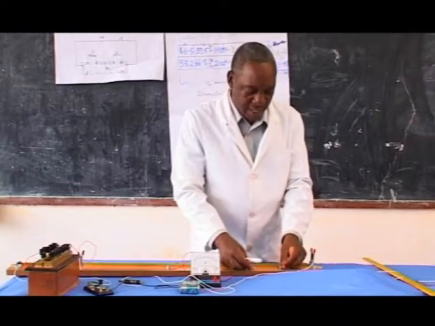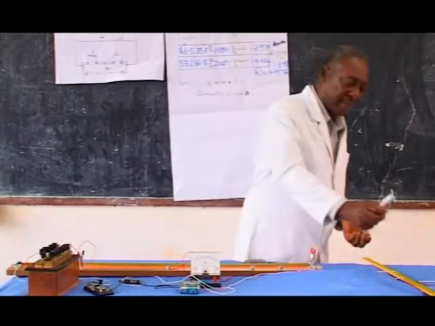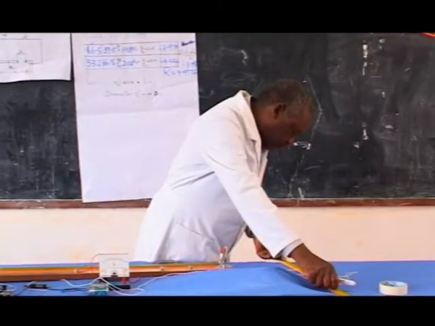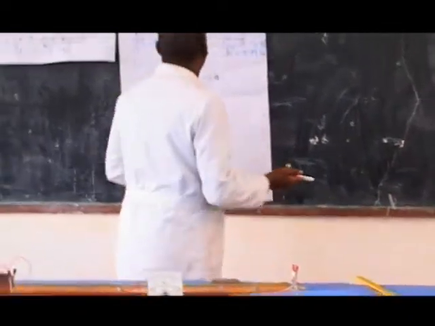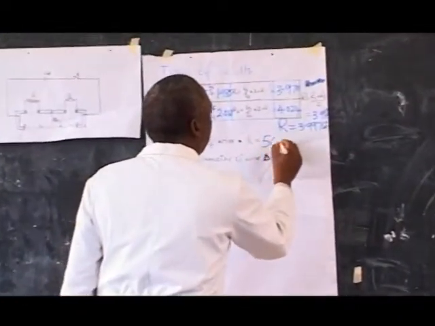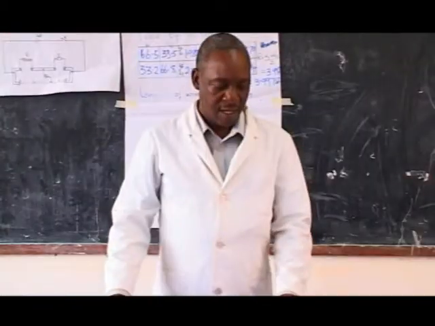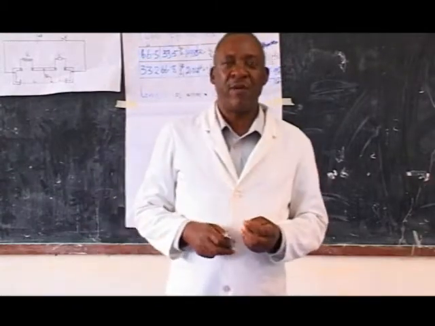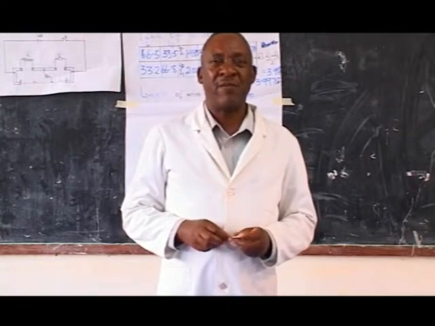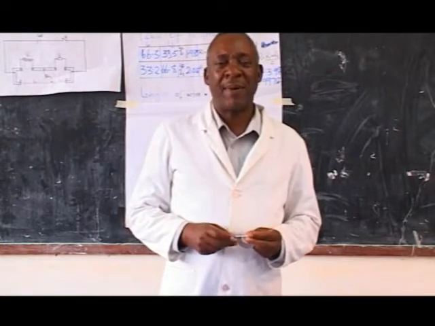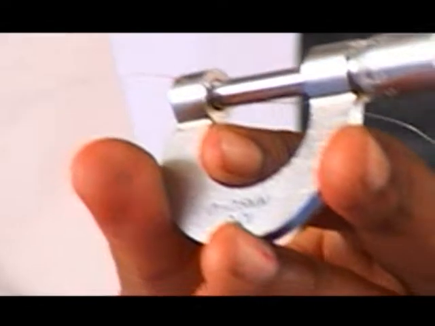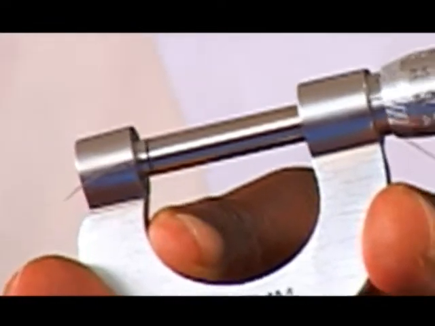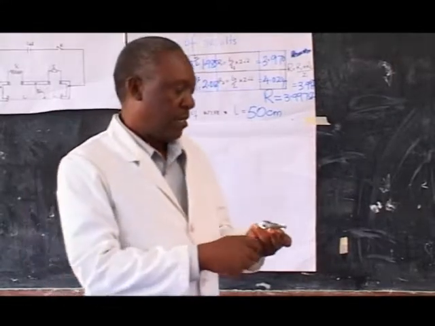Pick the wire and measure its length and diameter. Record. So the length is, after measuring the length of the wire, measure the diameter of the wire at at least 3 parts of the wire. Then record.